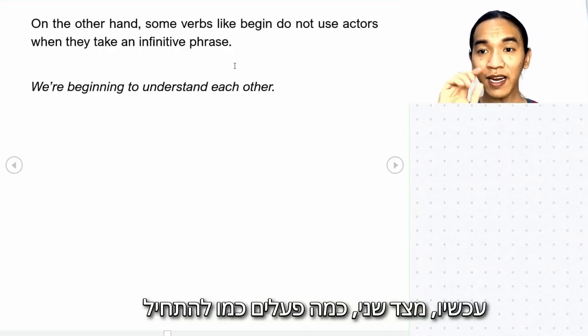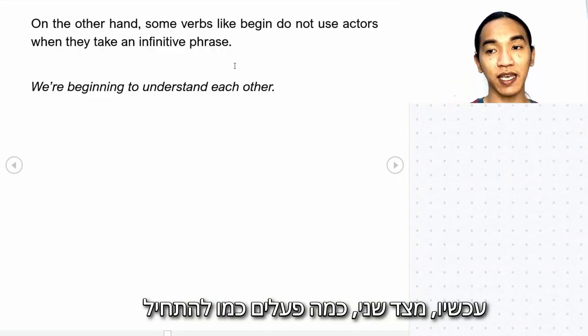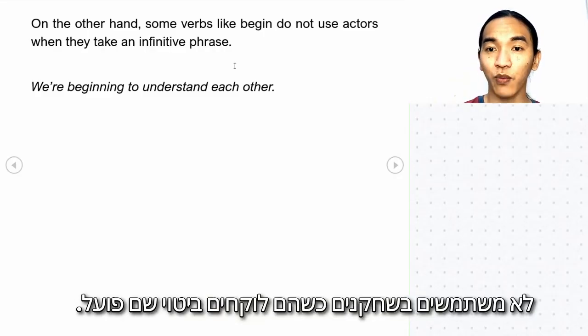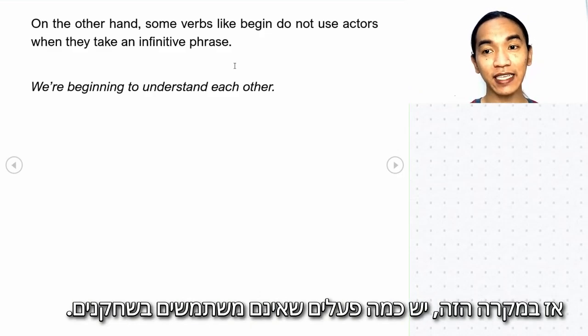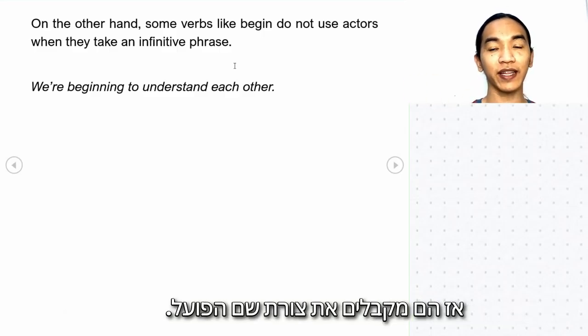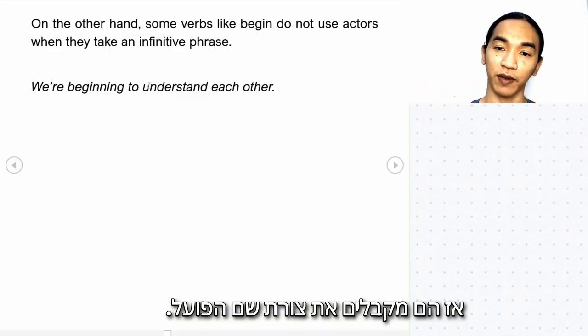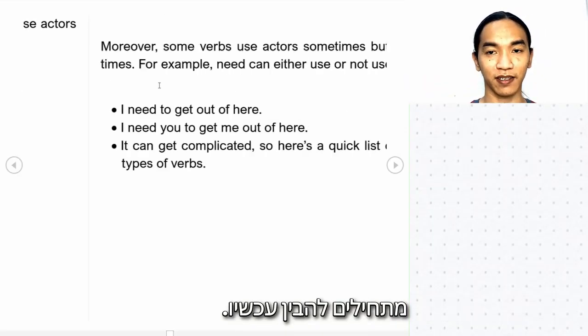On the other hand, some verbs like begin do not use actors when they take an infinitive phrase. So we're beginning, no actor, to understand each other. There are some verbs that do not use actors when they take the infinitive form, beginning to understand.